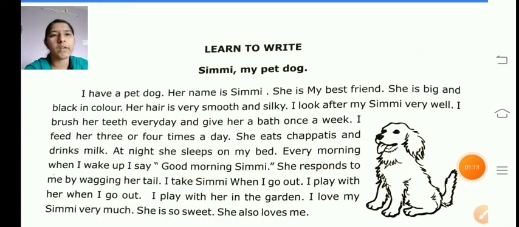So here next is you have a passage. So you can see about my pet dog Simi. So it is about dog, pet dog Simi. Its name is Simi. So they have given some few lines about that. Okay. So you're going to underline the verbs first.